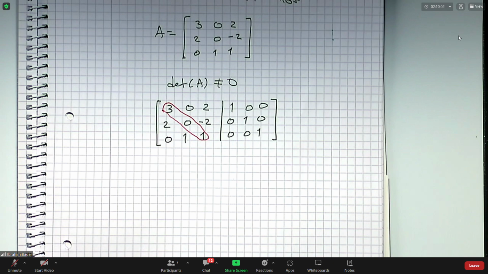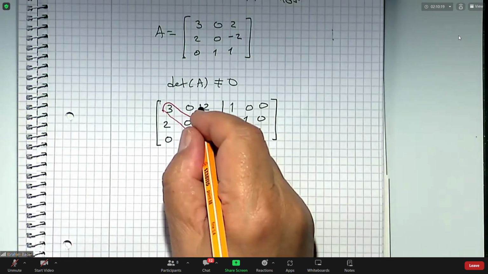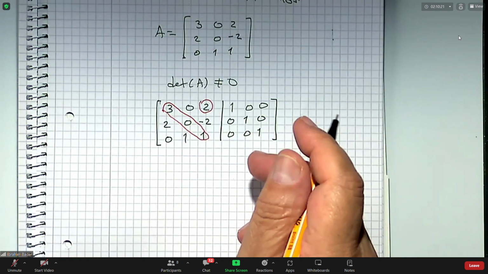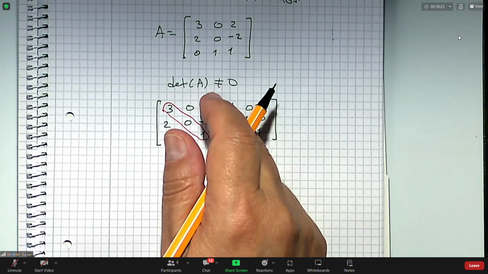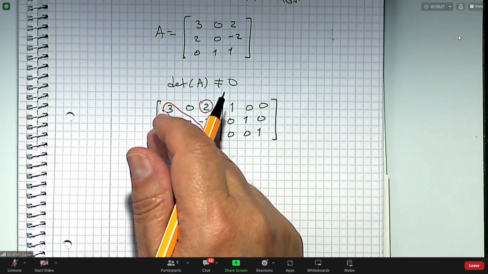For instance, if I want to get rid of this 2 here, I have negative 2, so if I add it, I will add this one.